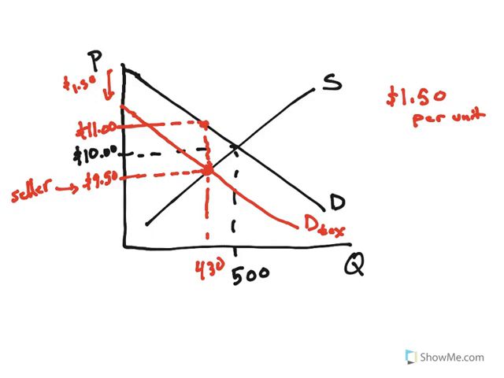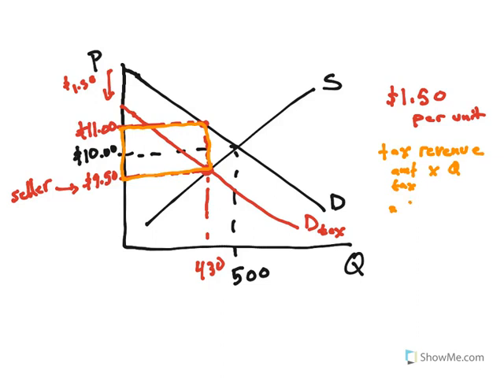And we can even break this down. This rectangle here has an important implication. So that orange rectangle is something called the tax revenue. And just like other kinds of revenue, for a business, revenue is however much you sell times how much you're selling it for. Tax revenue is the amount of the tax multiplied by the quantity that is taxed.